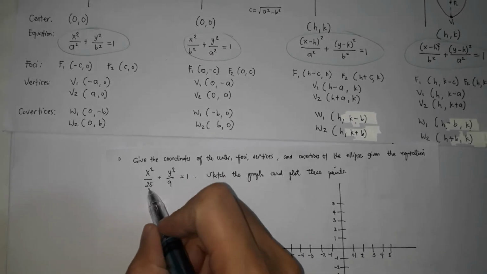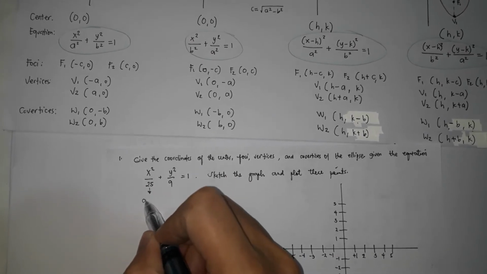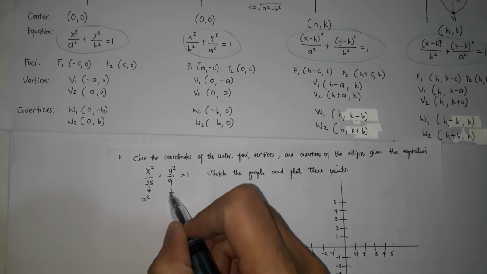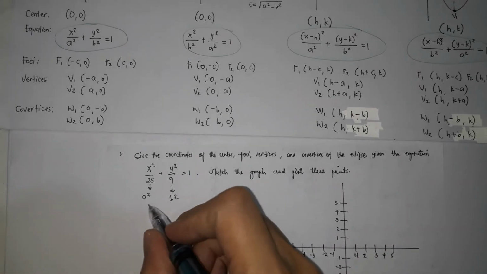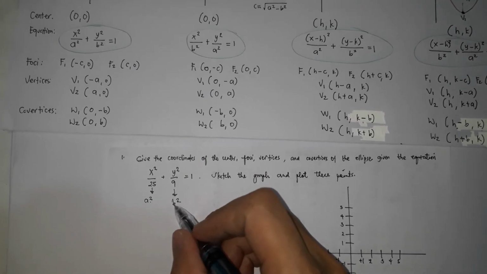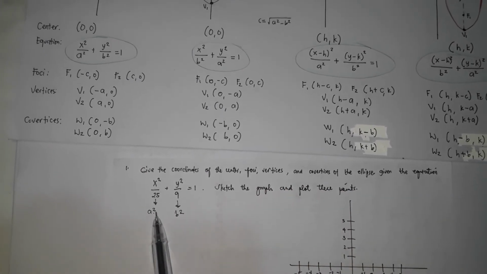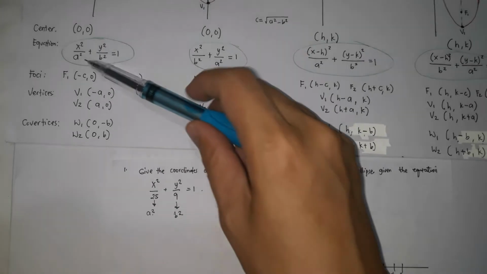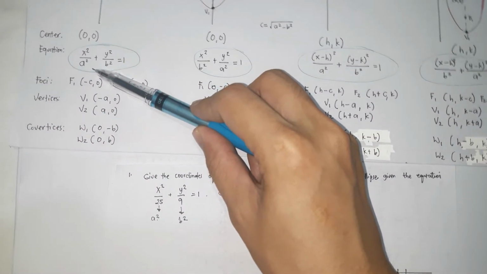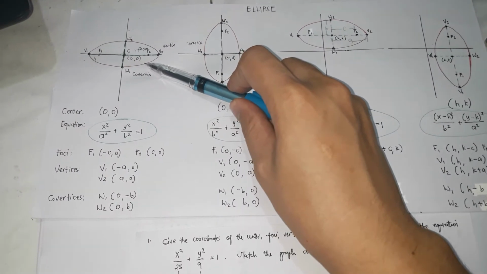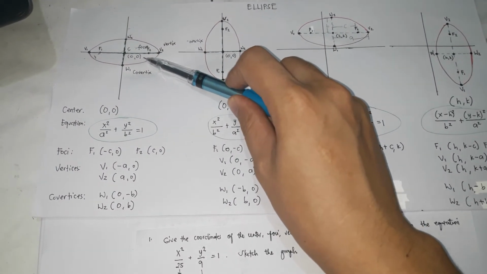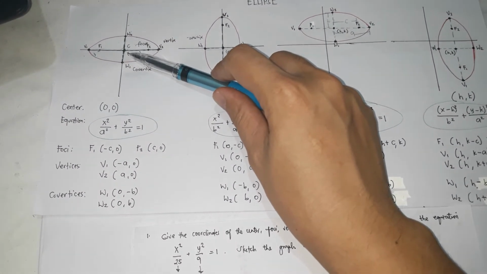So, dahil mas malaki siya, yan si A squared. Ito, mas maliit siya, yan si B squared. As you could see, ang form niya is yung nauna sa A. So, if we're going to draw the ellipse, ganito siya. It's a horizontal ellipse whose center is on the origin.